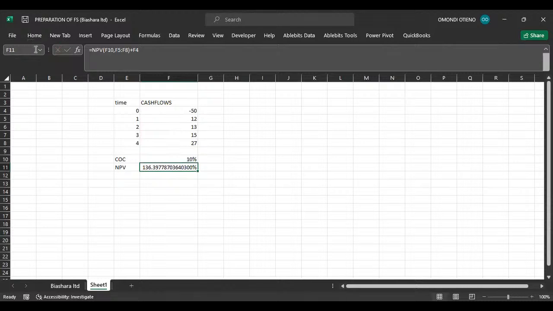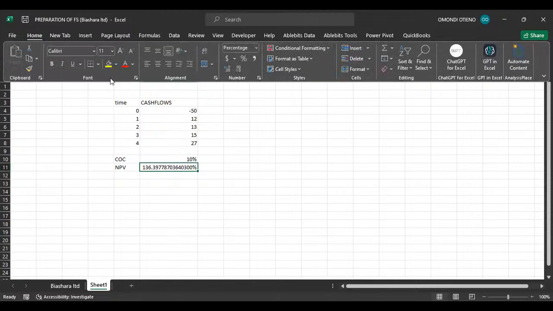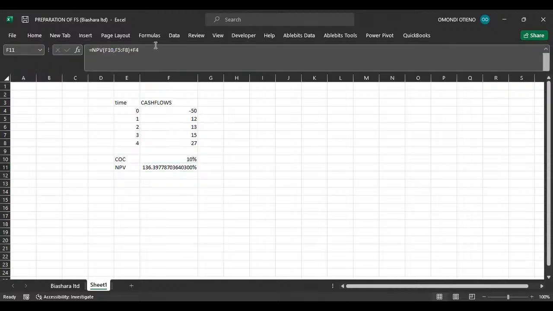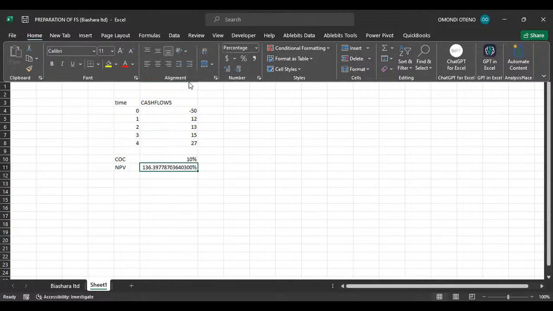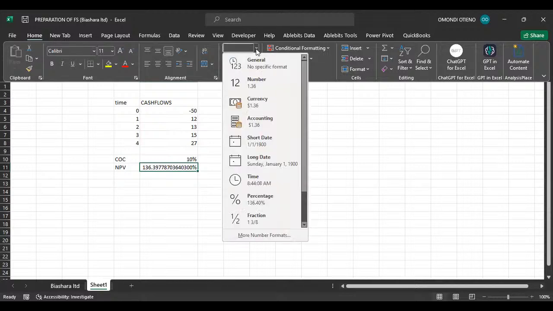You're getting a percentage. That should never scare you away. Just go to home. Under the home tab, you can see where we have the percentages there. You hit that arrow.